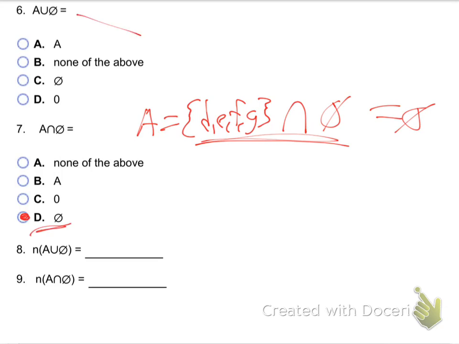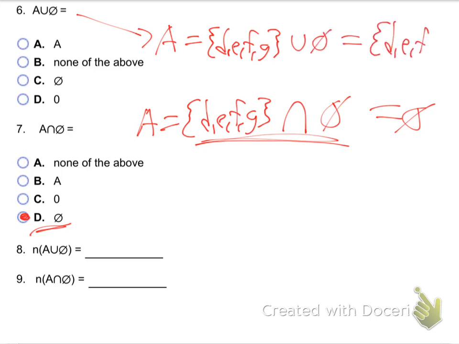Say back up here on this one was A, which was D, E, F, G. United. So that was just D, E, F, G. In other words, that was set A. Everybody see the difference between those? So on number 6, we united those together, so it just came out to be the same as set A. But in number 7, we said, what's in both sets? What's in the overlap? Nothing. Good?